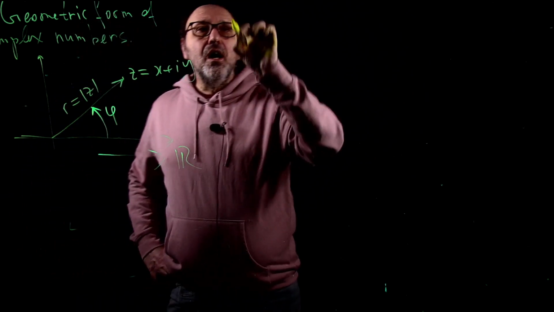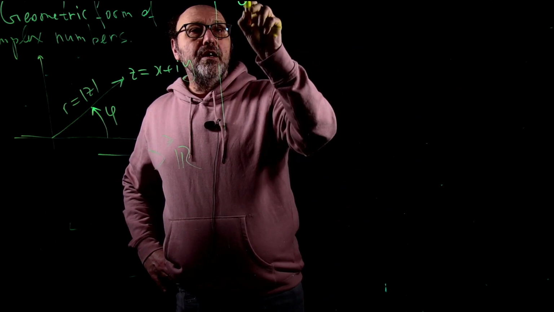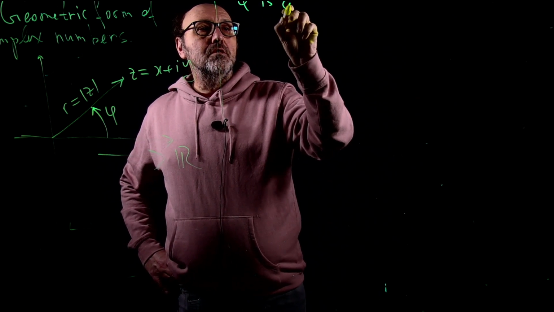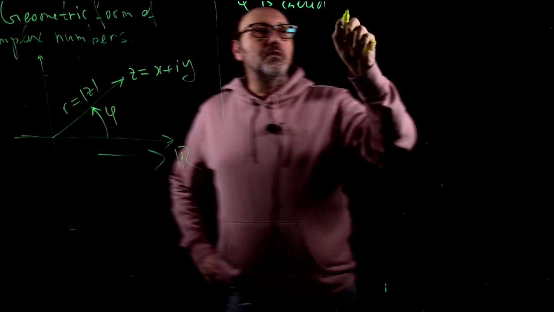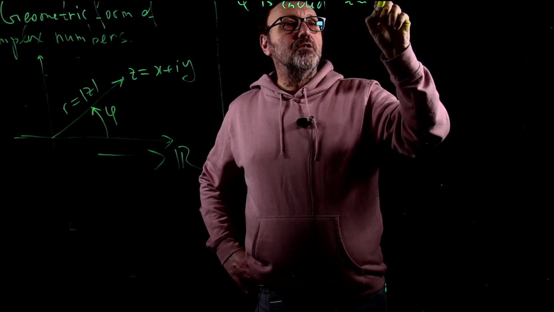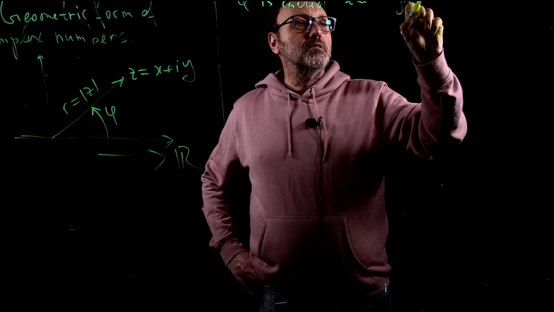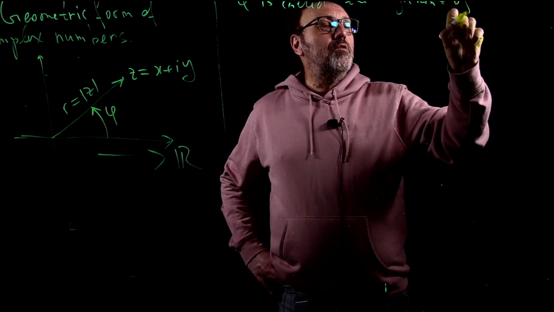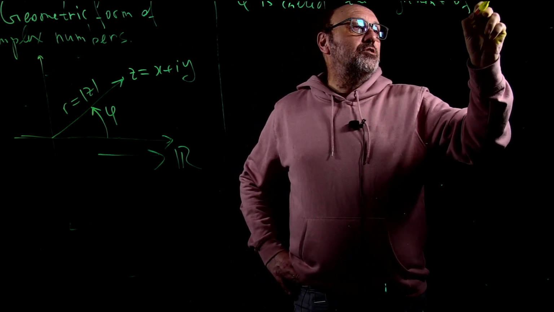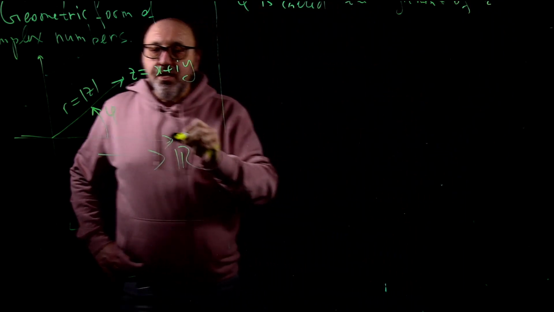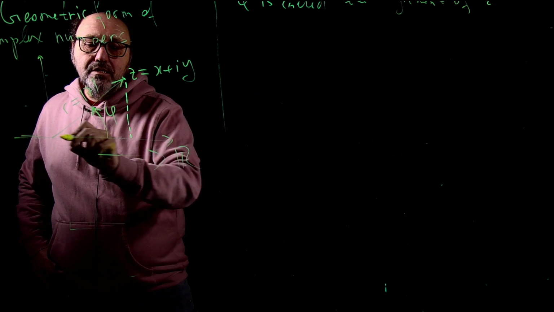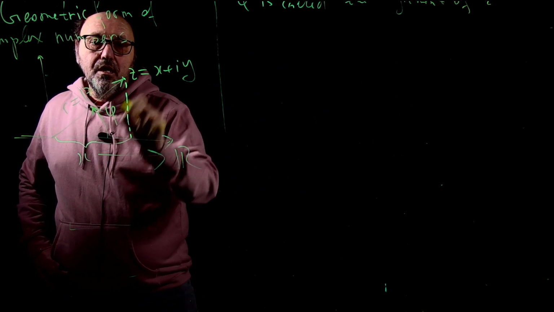So phi is called the argument of z. From this triangle, so here we have x, right? And here we have y.